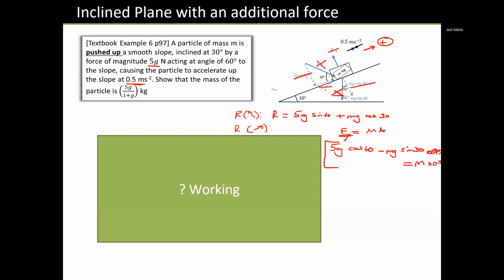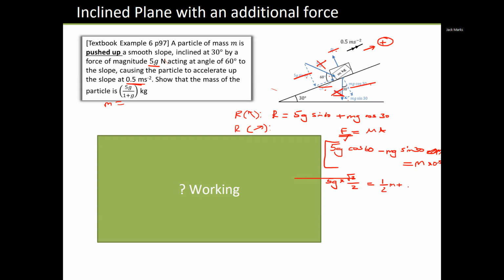So the g's are there, so we just leave them. I'm looking to get this in the format m equals. Right. Let's bring both m's to the same side, and let's put in the values of cos 60 and sine 30. So let's do that first. So 5g times cos 60, so cos 60 is root 3 over 2, equals, I'm going to put half m at the front, plus mg sine 30.